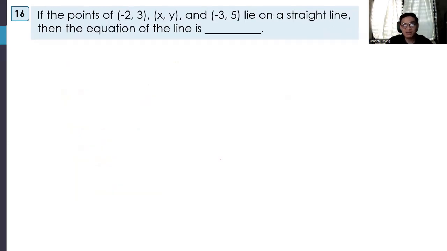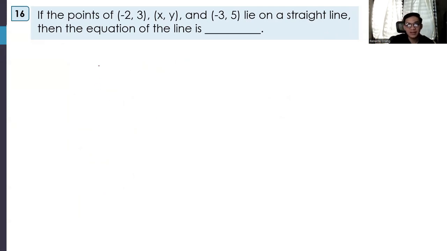Number 16, we have if the points of (negative 2, 3), (x, y), and (negative 3, 5) lie on a straight line, then the equation of the line is equivalent to. So, ang gagamitin natin dito, class, is the same lang sa ating problem 15.